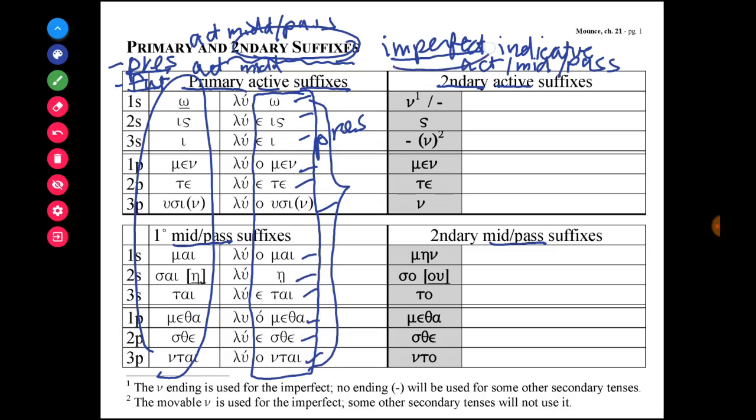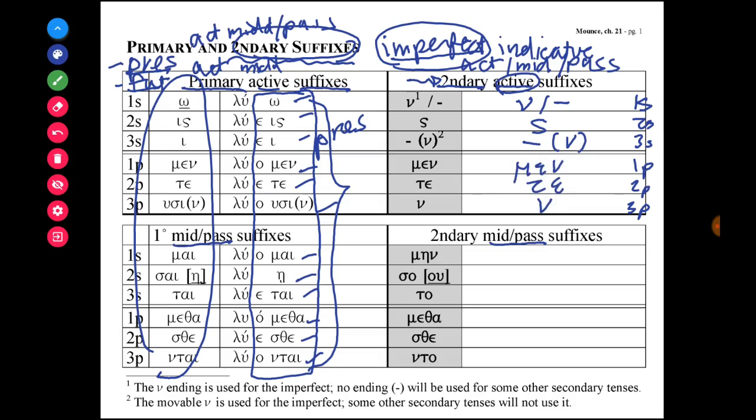For the imperfect indicative, we are going to learn a different set of suffixes, and these are a little bit harder to recite, but I think the best way to do it is like this. For the first person singular, second person singular, third person singular forms, and then also the first person plural, second person plural, third person plural forms, the active suffixes are nu or nothing, s, nothing with a movable nu, men, te, nu.